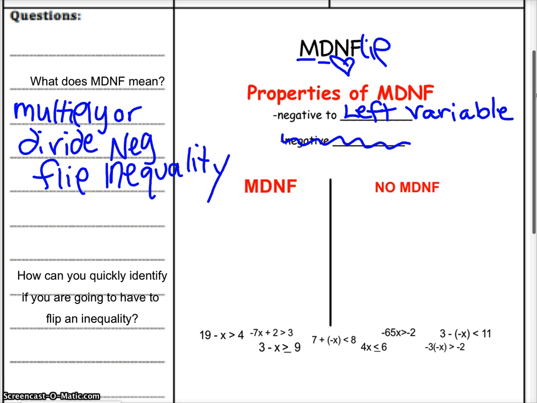I want you to cross that out because that can be a little weird. I never really come across it. I want you to write, if the last thing you do is move the negative, you have to flip it. So if the last thing is multiplying or dividing a negative, flip.